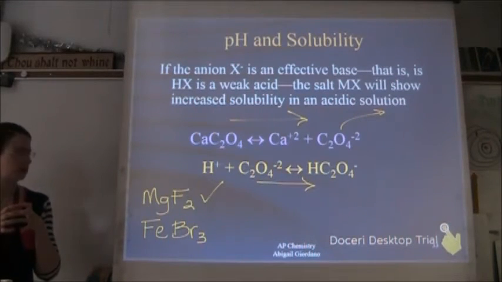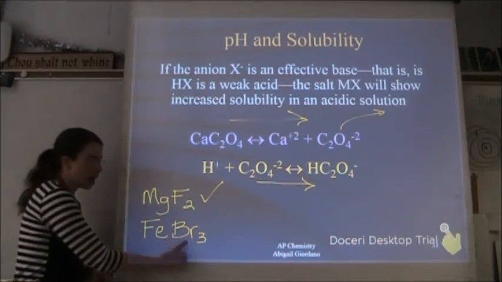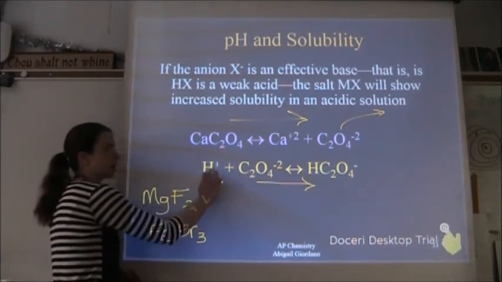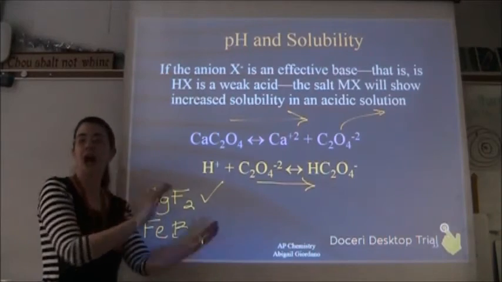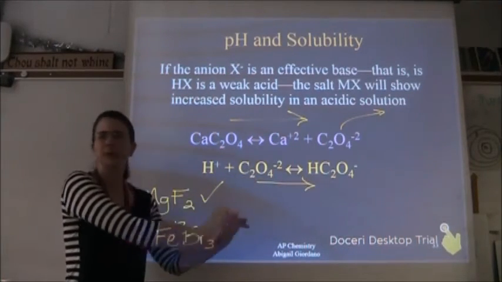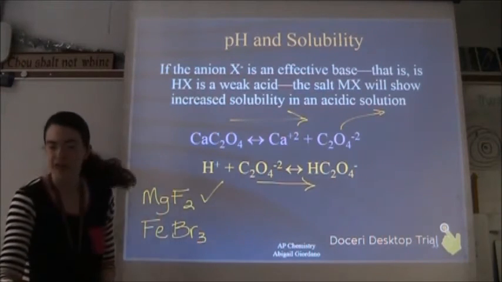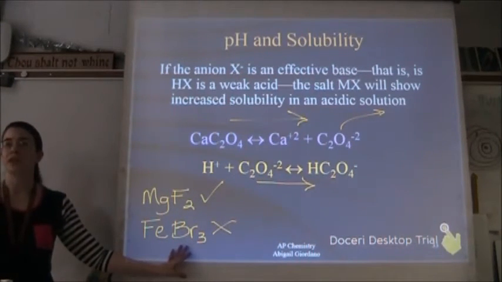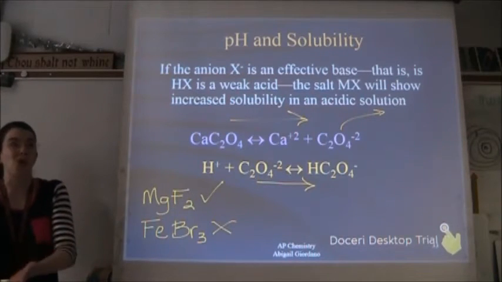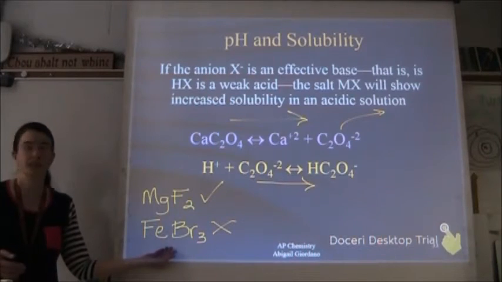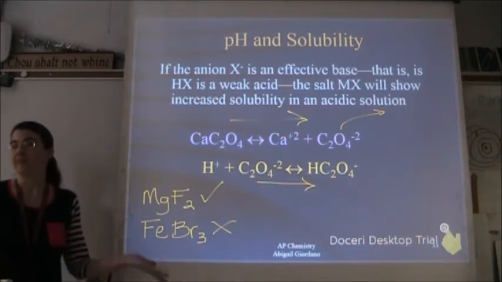Why not? Yeah, a bromide ion in this position right here and a hydrogen ion are not going to link up. Why not? Tell me again. It's going to form a strong acid. Guys, this would be a salt that dissolves just as well in water as it does in acid. pH does not affect its solubility.